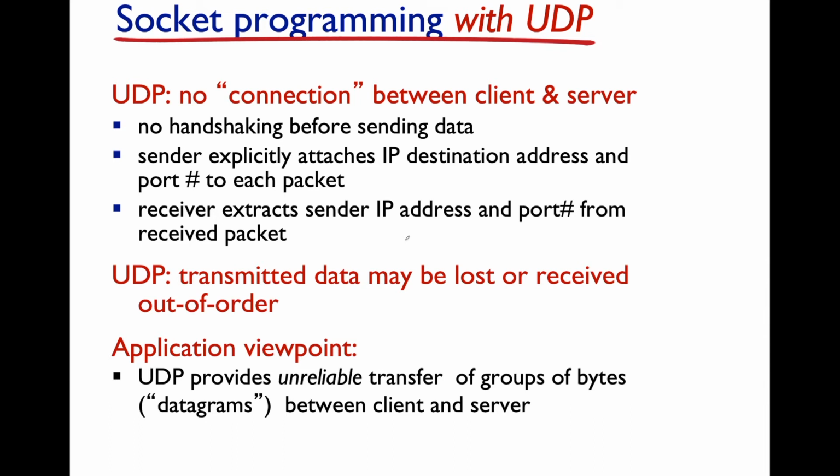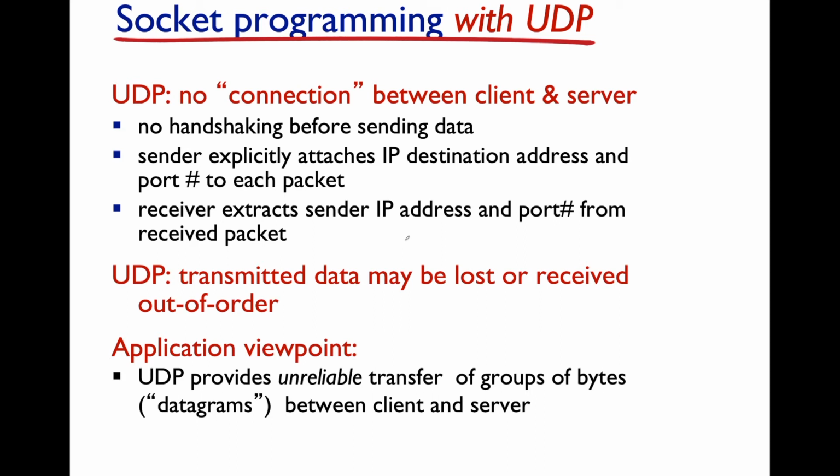And so the receiver then gets this packet and extracts both the IP address of the sender, as well as the port number from the received packet. And it needs that sender IP address because it might want to compose a response, and it needs the port number because it needs to know to whom this particular packet should be delivered, which application is going to get it.